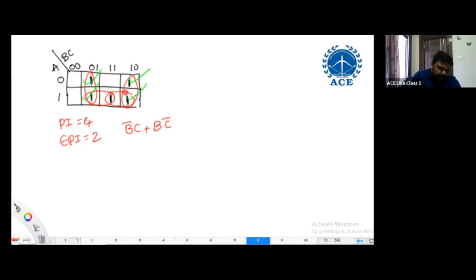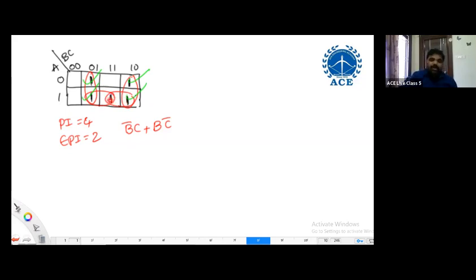If I choose this term, then the term is AB. Check it correctly. If I choose this grouping in the minimal expression, the resultant is AB. If I choose this one, it will be AC. Which one is correct? Both have the same complexity. These two are covering with the minimum complexity.